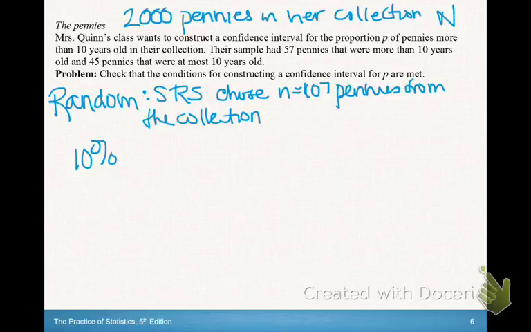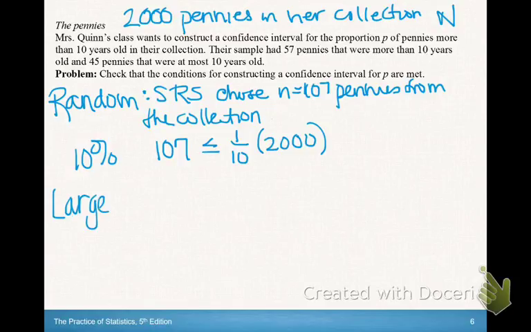The 10% rule has to apply, and since our n for our sample was 107, that's less than or equal to 10%, or one tenth, of 2,000 pennies. So we're good there. The 10% rule applies.